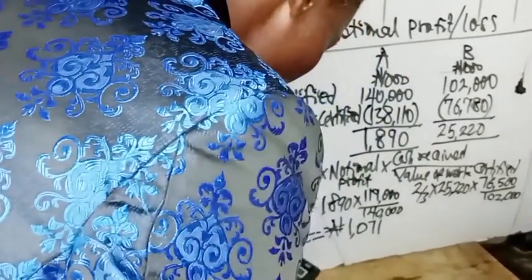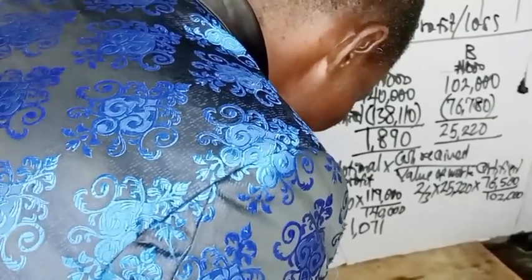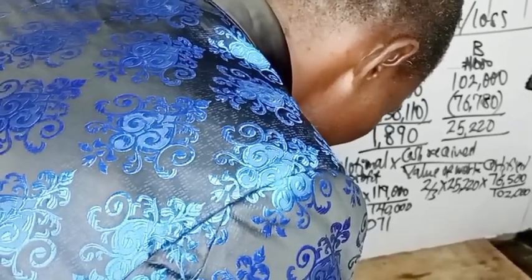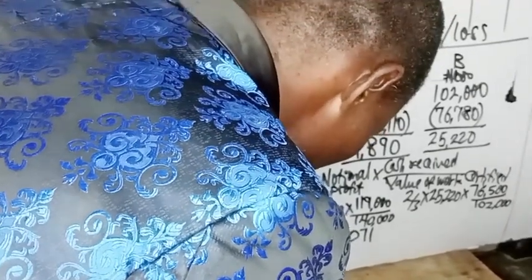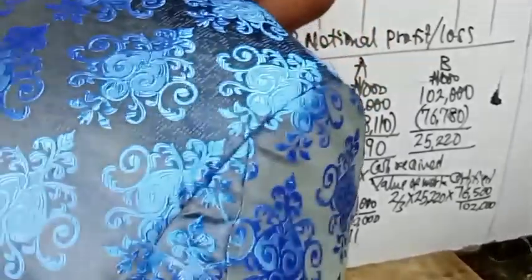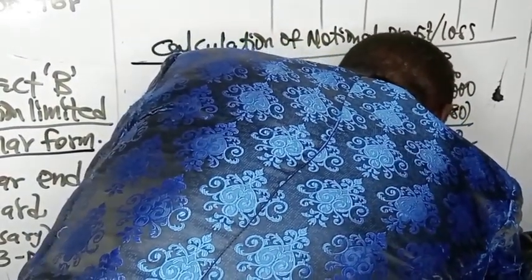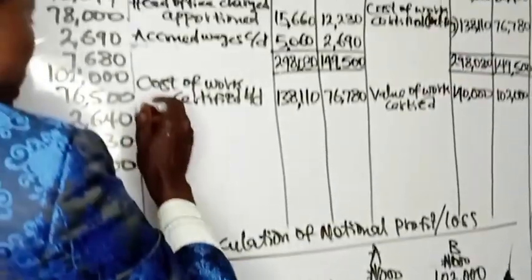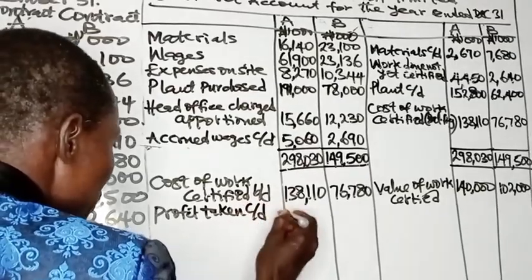So 2 times 25,220 divided by 3 times 76,500 divided by 102,000. Then you have 12,610 for contract B. So profit taken, carried down.